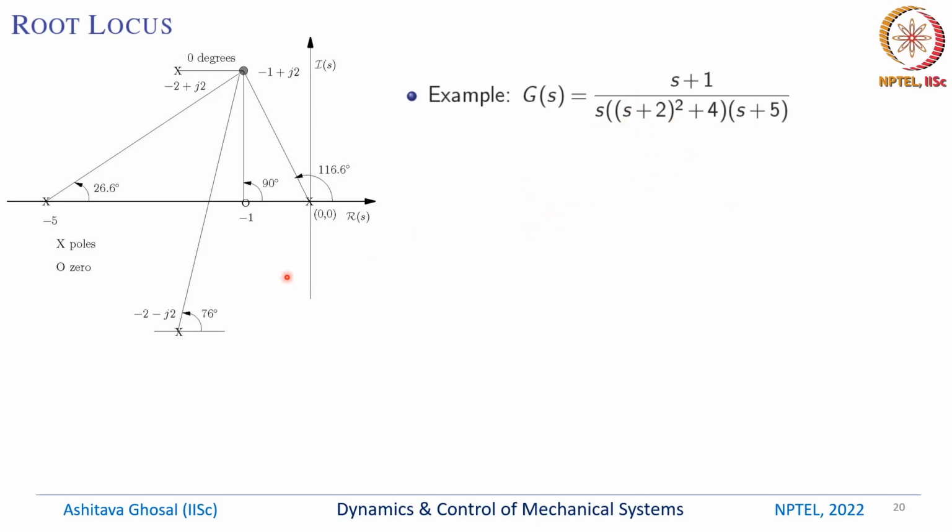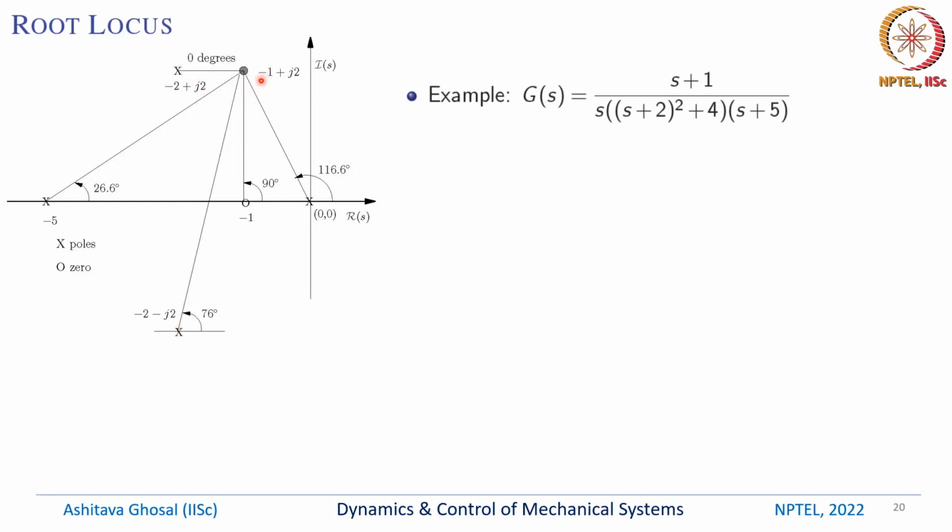There is a pole at 0, a pole at s equals minus 5, which is here, and then there are these two complex poles. You can see that (s plus 2) whole squared plus 4 equal to 0 gives minus 2 plus or minus 2j. So there are two poles, minus 2 plus 2j and minus 2 minus 2j.